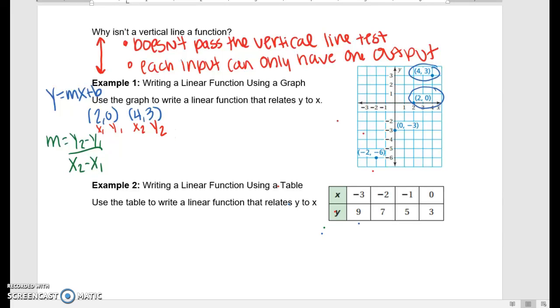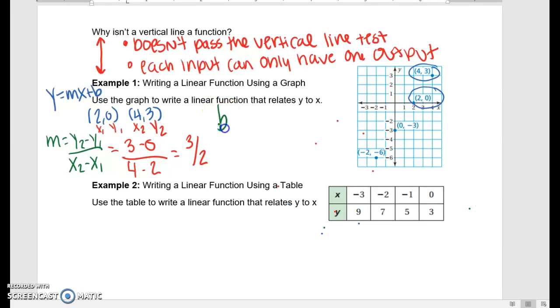After you do that, you're going to simply plug that into your equation. You can see that your y2 is 3, your y1 is 0, x2 is 4, and x1 is 2. Simplify, and you will get 3 over 2. So now we figured out what the slope is.